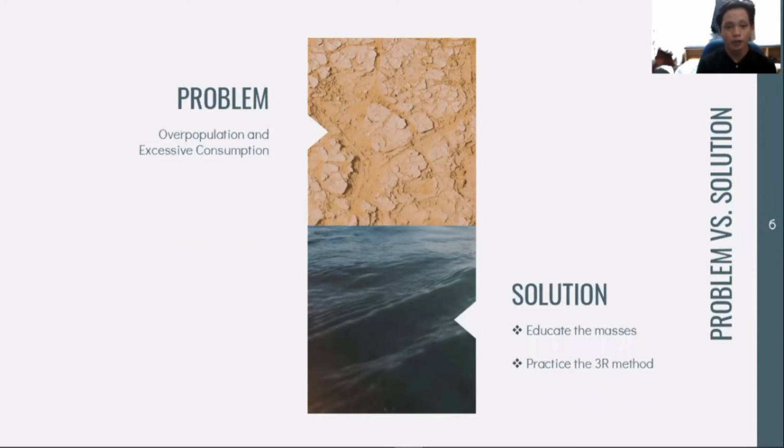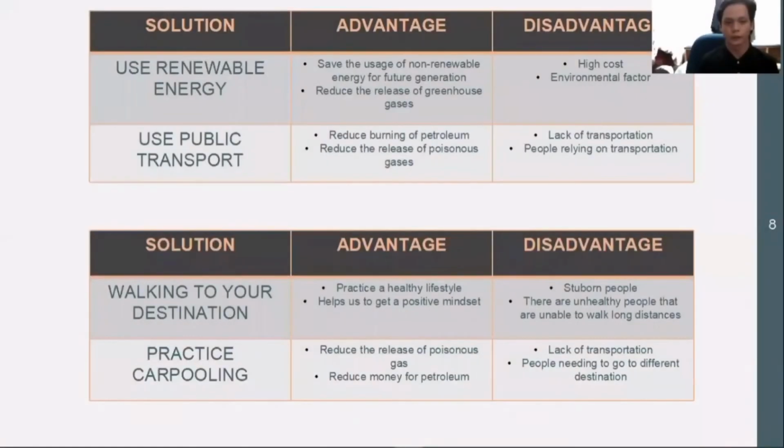The third problem is overpopulation and excessive consumption. This problem can be dealt with by educating the masses or practicing the 3R method. And the last problem mentioned is excessive waste product. So we can solve this problem by practicing to avoid open burning and use biodegradable products.